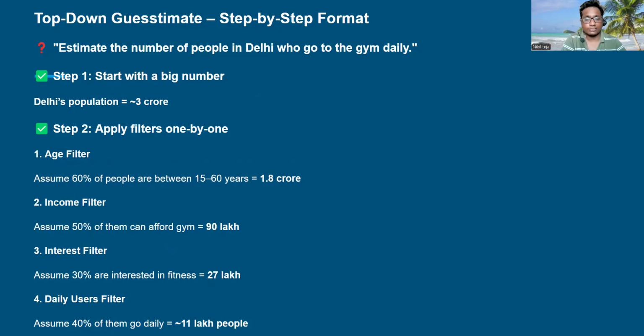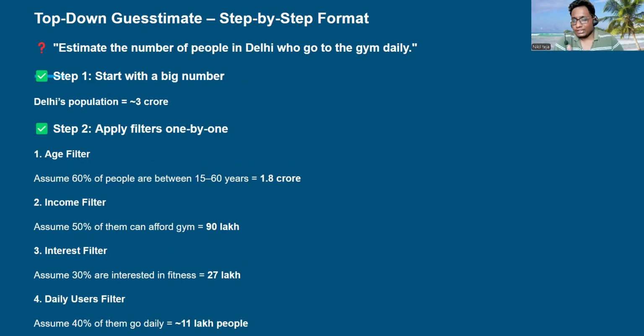That is one of the assumptions. What is 10% of 27 lakh? 2.7 lakh. 2.7 lakh times 4, that is 40%, is approximately 10.8 lakh. So approximately we take it as 11 lakhs. So 11 lakh people will be going to the gym daily in Delhi, right?